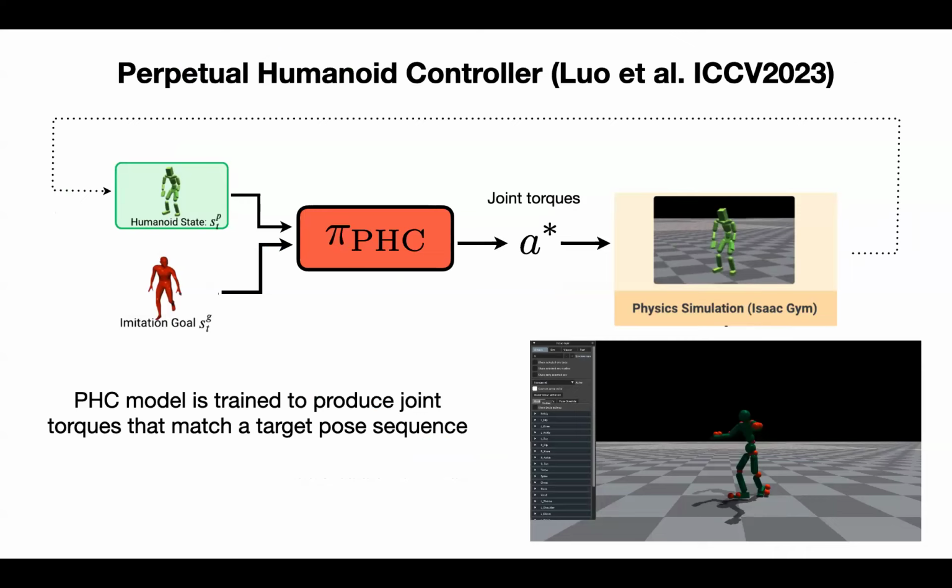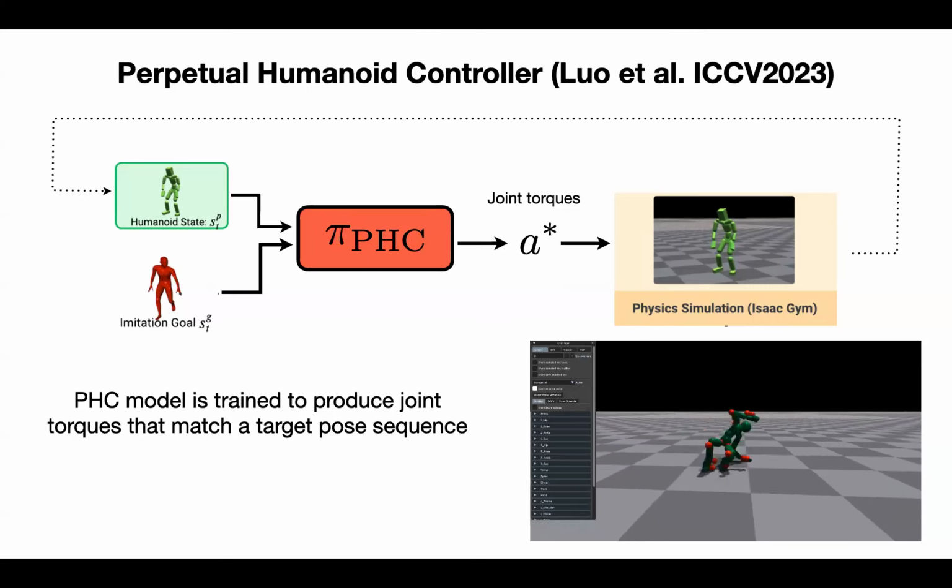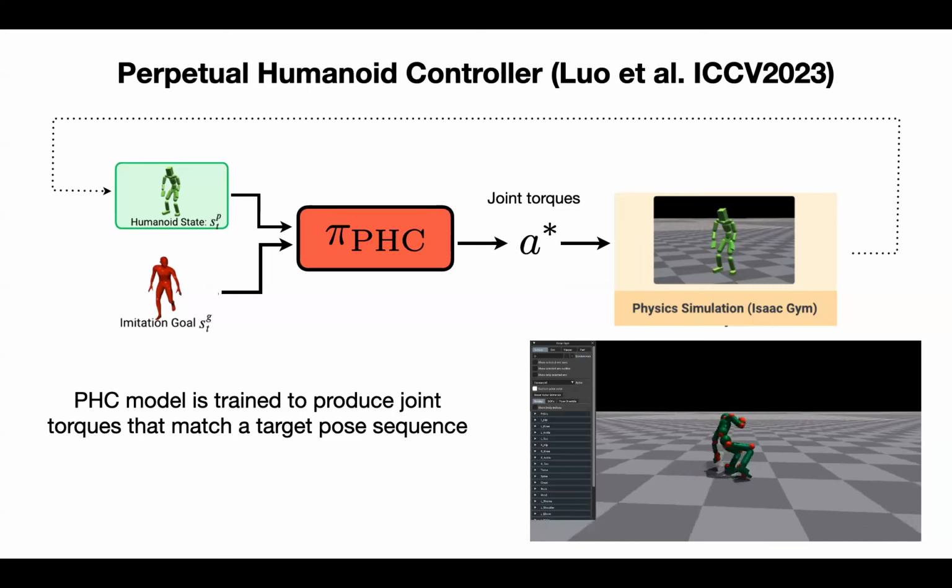And what that paper showed was that in physics simulation, if you have some motion pattern, like a human motion sequence that you want to match, you can use this PHC policy, and it will compute for you what the actuations are to match that target motion sequence. So that controller pi PHC is very robust, and we showed that it can, is it 100% or 90? 100%. Okay, 100% mimic the AMASS dataset, which is a very large motion capture dataset.